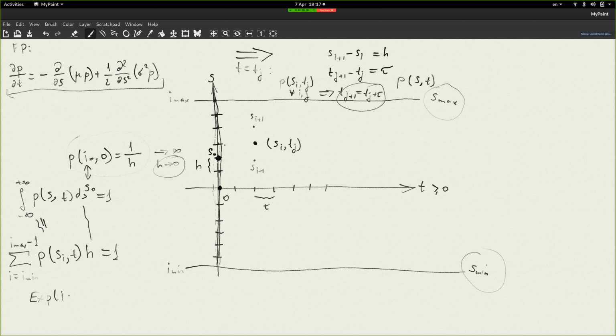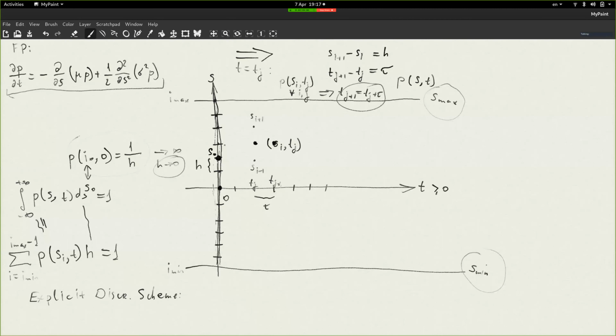How do we construct the partial derivative dp dt? Very simple. Looking at our grid, this is tj. This is tj plus 1. So tj is here. What is dp dt?